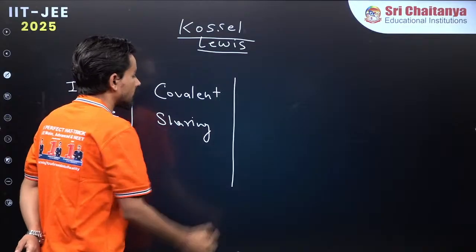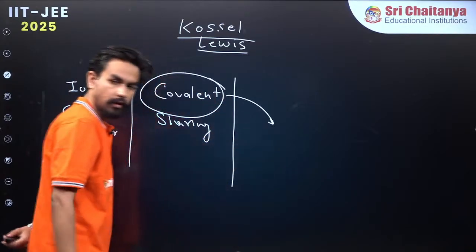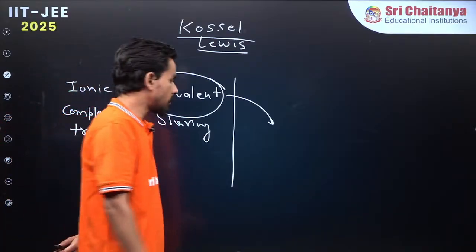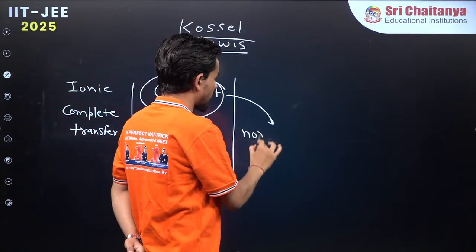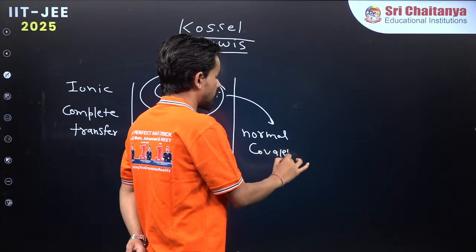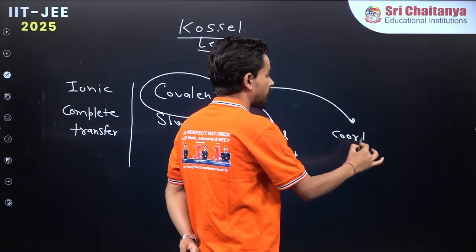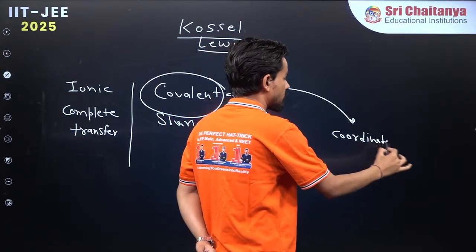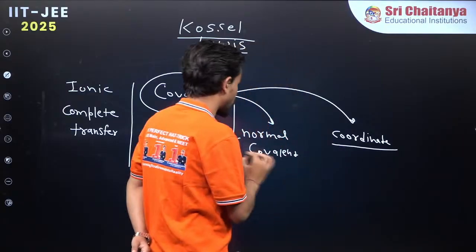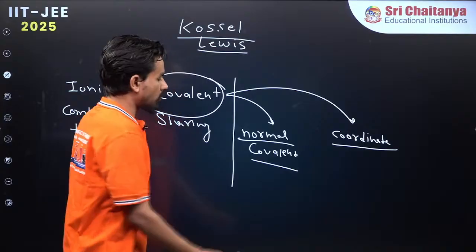Now, in covalent only, there is one more subcategory possible. One is called the normal covalent bond, and another one is known as the coordinate bond. So normal covalent and coordinate, what are the differences? Let me tell you. Normal covalent is what?